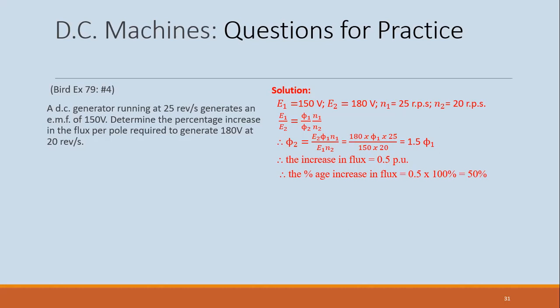So basically, we're decreasing the speed at which the generator is running. It was running at 25 revs, and we have reduced the speed to 20 revs, and we want to see how the flux will change as a result of the changes in the speed and in the generated voltage.